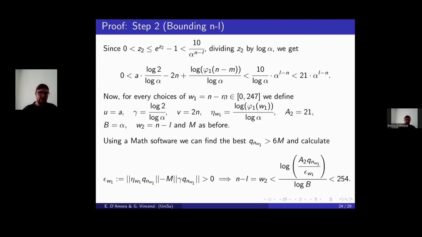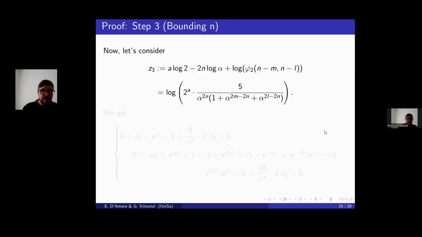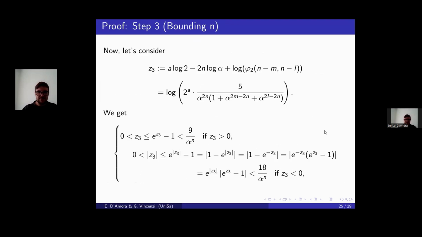Because for every value, we calculate the bound, because Q depends on this number, epsilon depends on this number, and then we obtain different bounds. This is the biggest one that contains all. And we do the same for the third step.